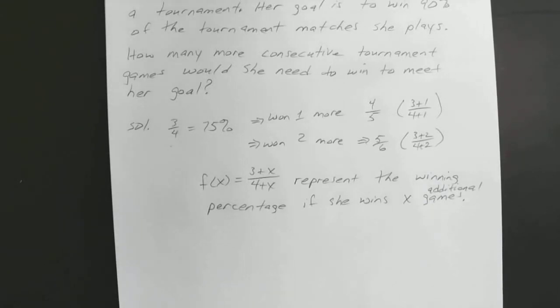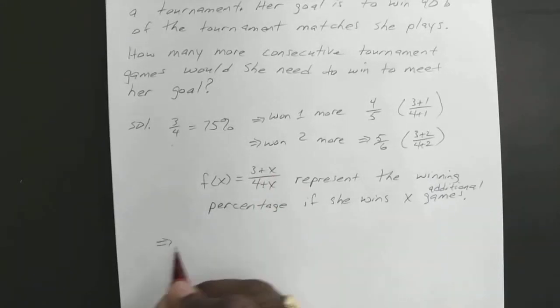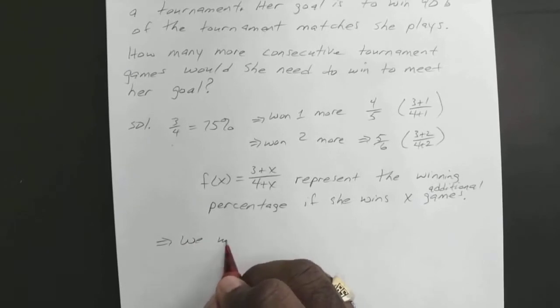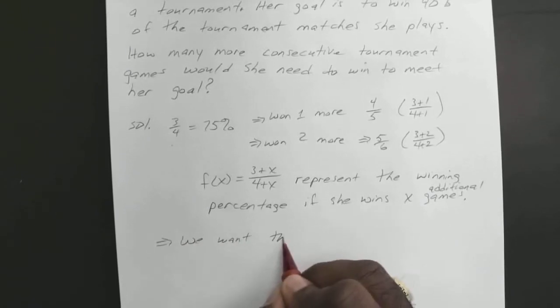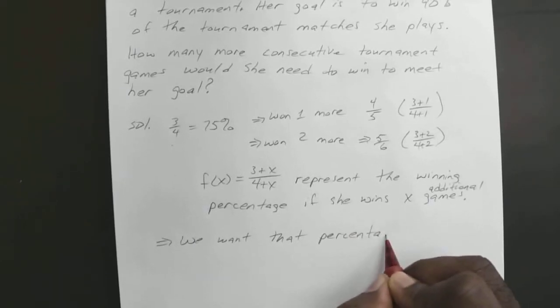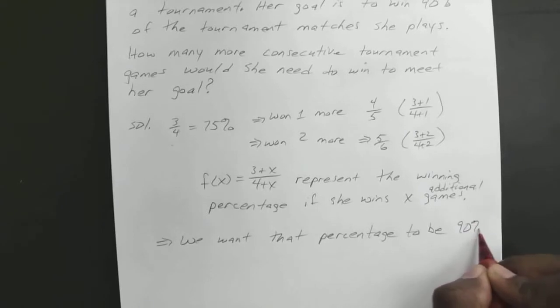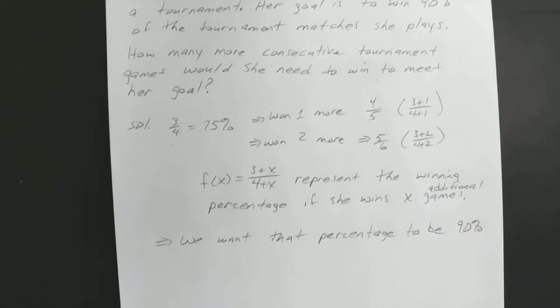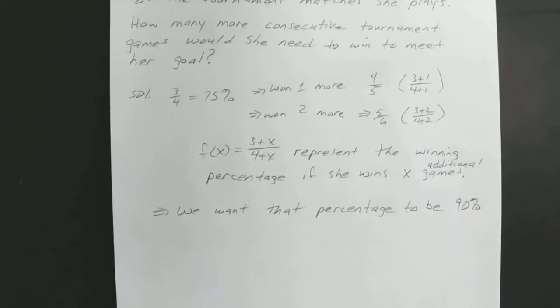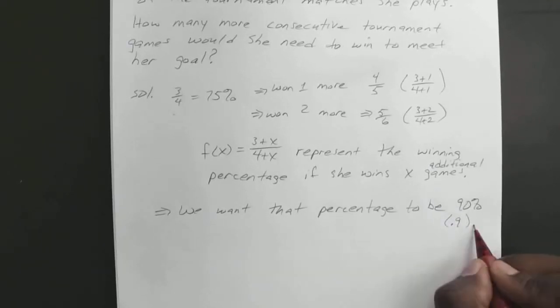Okay. Now we want to know exactly when that will become 90%. So we want that percentage to be 90%. And we know 90% is just 0.90 or 0.9.